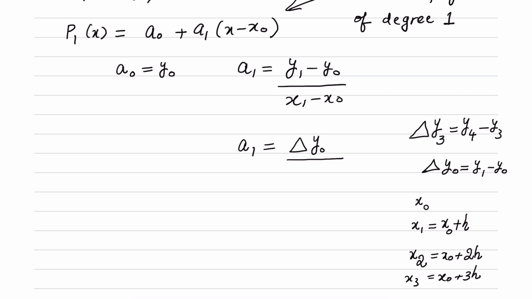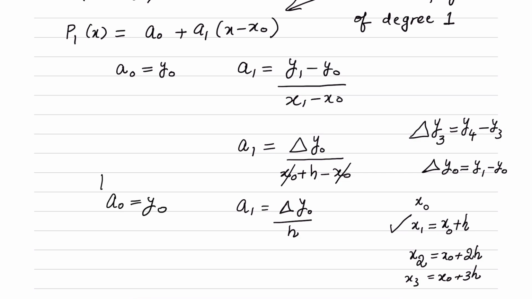So back to writing a1 in forward difference operator form. y1 minus y0 is forward y0 divided by, since our data is equally spaced, x1 written as x0 plus h, minus x0. Simplify it and you get a1 as forward y0 over h. So a1 is forward y0 over h and a0 is y0.